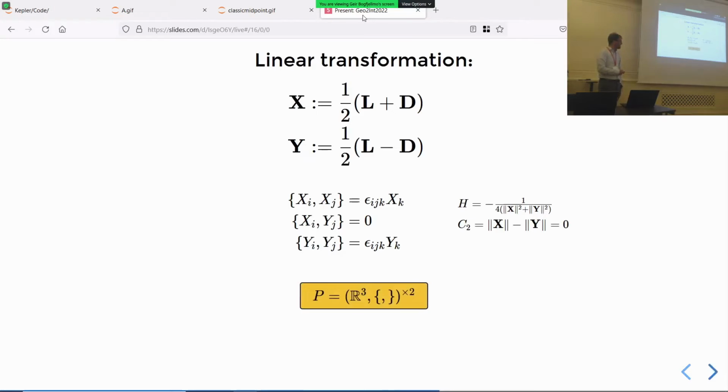So the Poisson manifold I have now is simply 2 copies of R3 with this bracket I already described. And you have the Hamiltonian, that's one of the Casimirs. It's given by the sum of the squares of the norms. The other Casimirs are going to be the norms of x and y.